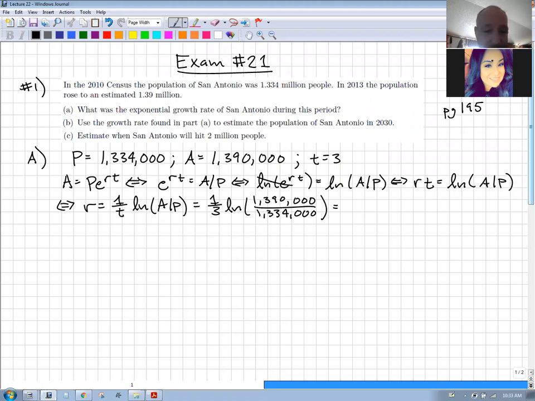Hit the wrong button. All right, now natural log. I divide by 3, and I get approximately 0.0137, which would be 1.37%.